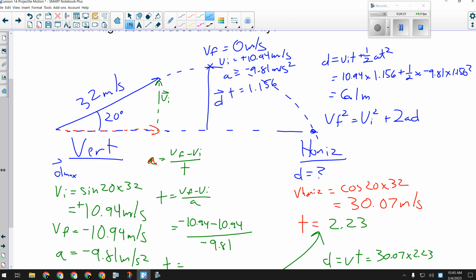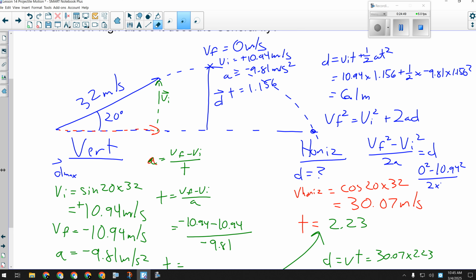Okay, so I'm solving for D here, so I do have to do a little bit of algebra. I'm going to have VF squared, which is 0, minus VI squared divided by 2A equals D. Okay, and this will work and give me exactly the same answer. I'll have 0 squared minus 10.94 squared divided by 2 times negative 9.81.